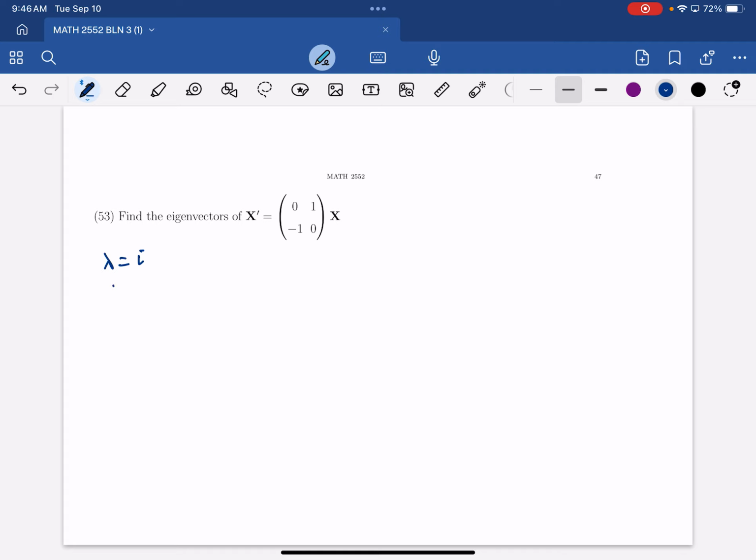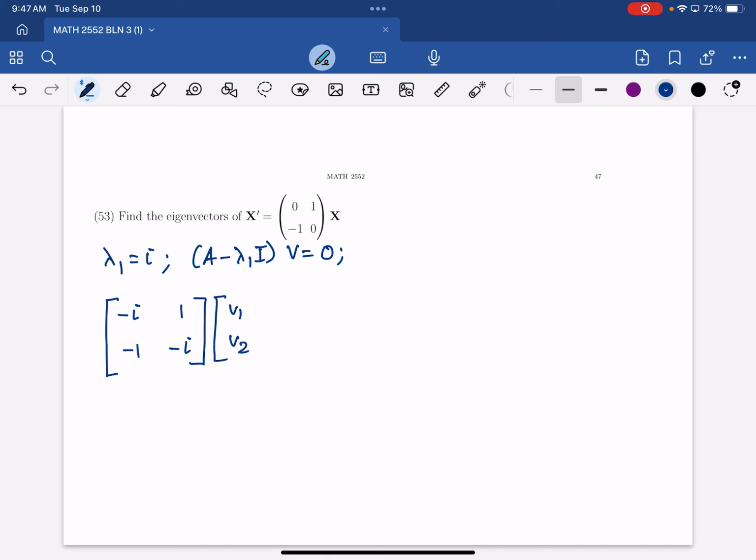So when I substitute lambda 1 equals i, this is going to be (A minus lambda 1 times I) v equals 0. So when I do that, you get the matrix with rows negative i, 1 and negative 1, negative i, times (v1, v2) equals (0, 0). So this gives you negative i v1 plus v2 equals 0. So that gives you v2 equals i v1.